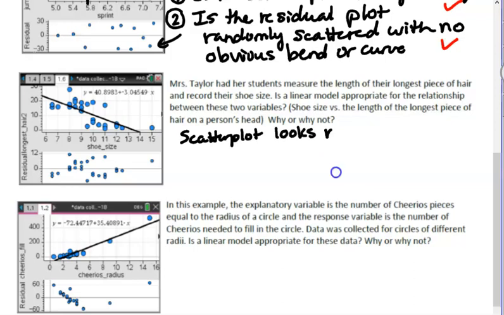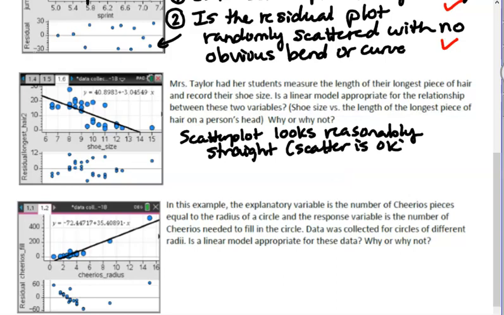Looks reasonably straight. Now, when I say that there's no obvious bend, yeah, it can be scattered. Scatter is okay. Just not bent, you know. But I double check this.